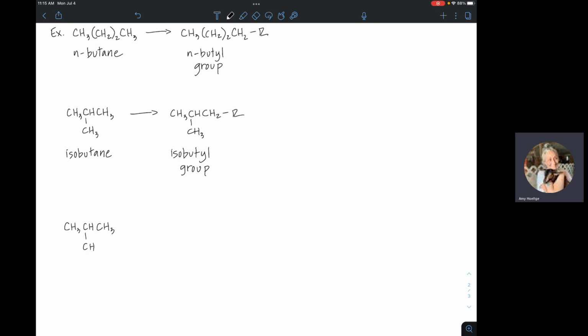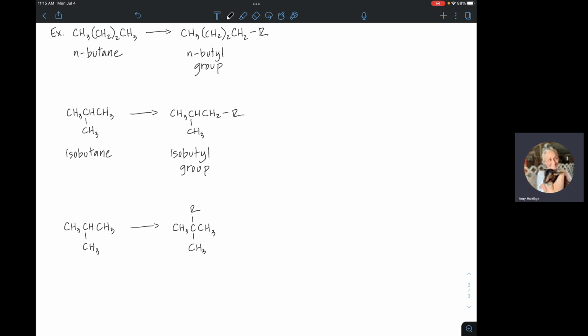It does, by the way, make a difference if that's going to be the group that's bonded to R. So I've got something like this. Now instead of that hydrogen, I have an R group.